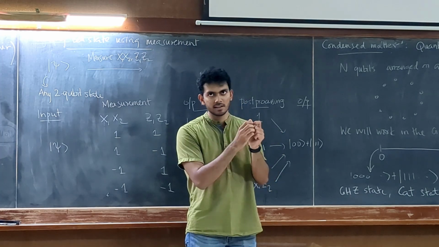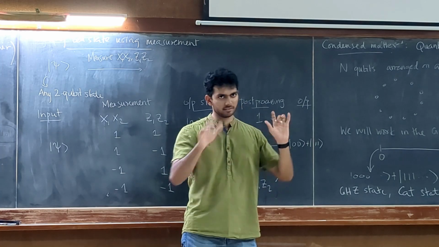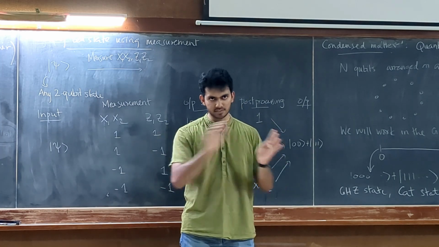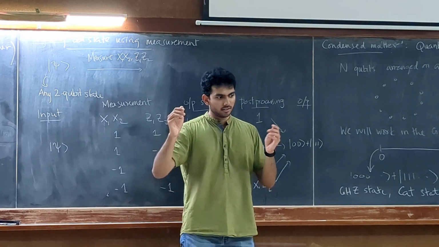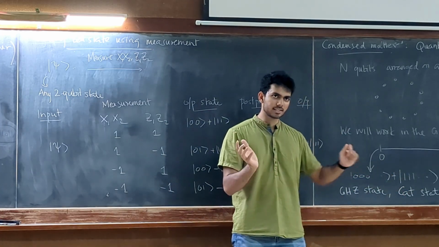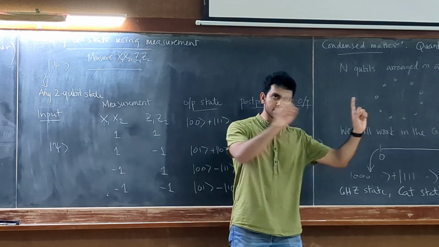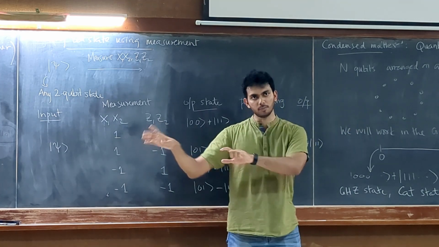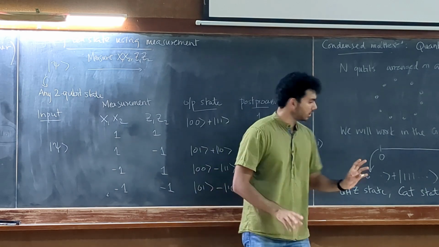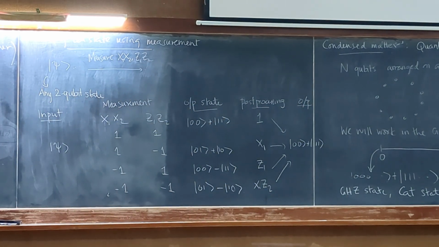So maybe something like 0, 0, 0 plus a spin flip here, plus a spin flip here, and so on. But basically something that looks like a 0, 0, 0 plus its spin flip copy. So it's something that roughly looks like all spins are pointing up, plus all spins are pointing down. But when h is greater than 1, it's completely different. It's qualitatively different. There's only one ground state.